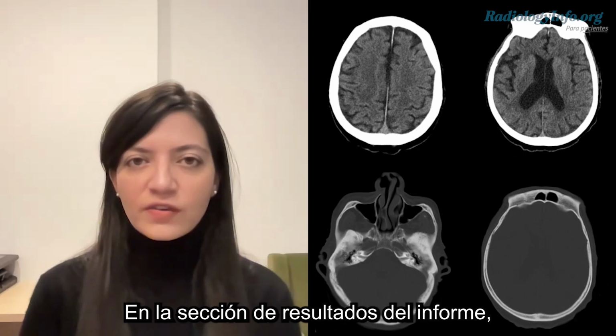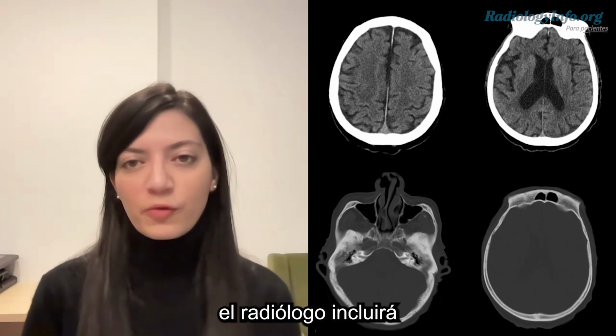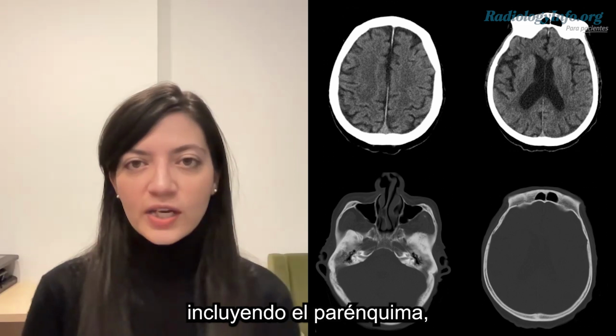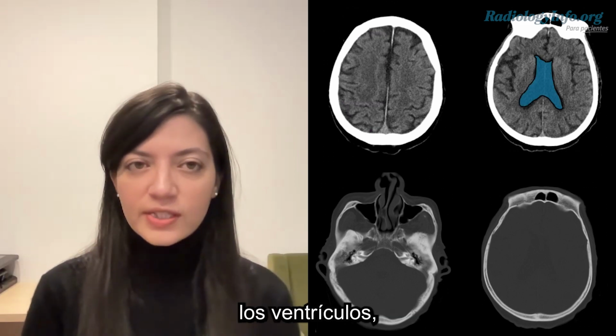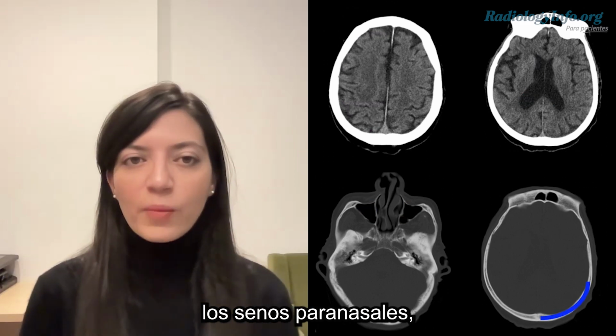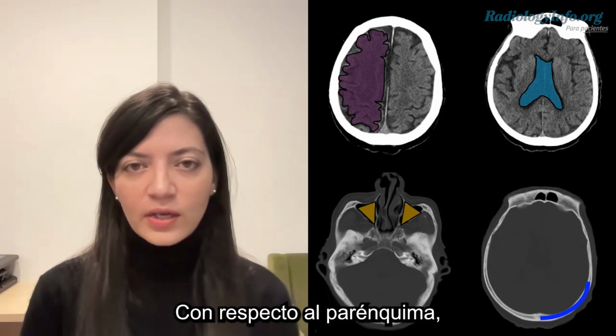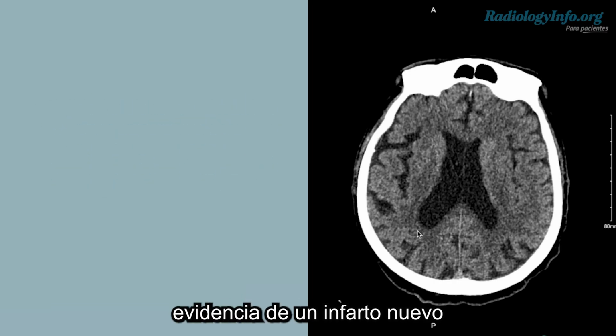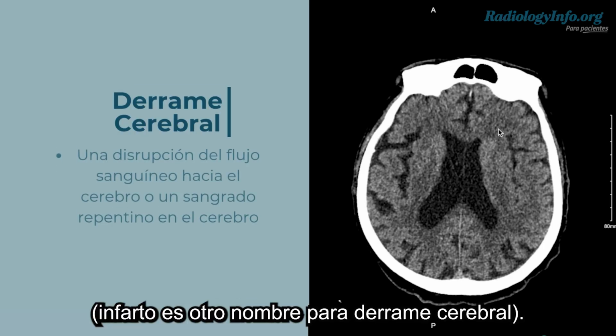In the findings section of the report, the radiologist will provide a detailed assessment of your brain and surrounding structures, including parenchyma, ventricles, paranasal sinuses, bones, and soft tissues. In parenchyma, they will comment on whether there is evidence of new or old infarct, which is another term for a stroke.